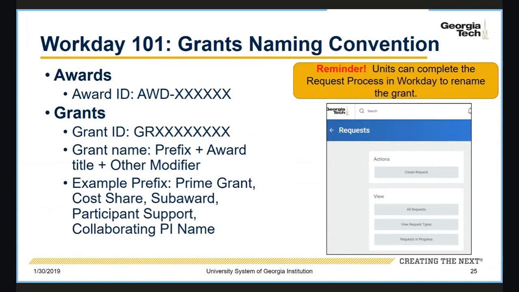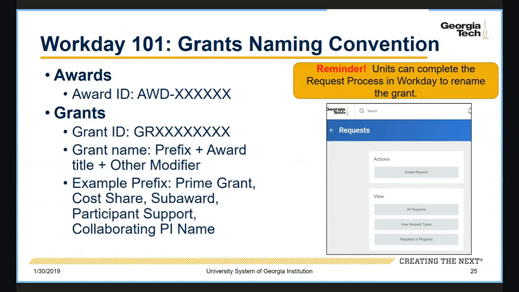Each grant ID will have an alpha indicator of GR followed by an 8-digit auto-generated sequential number. In Workday, you can search for a grant either by the grant ID, the PI name, or by text from the grant title. So it's important that each grant is distinctly titled or named.